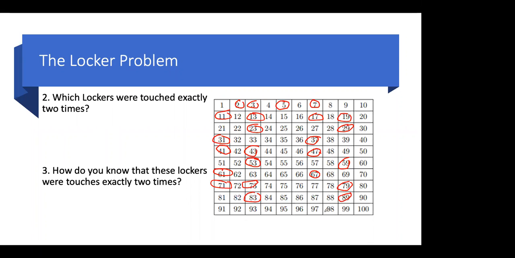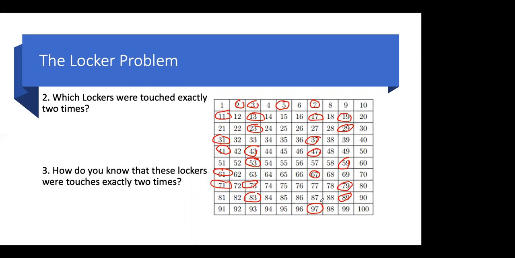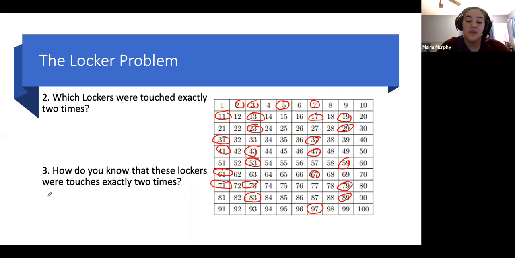And then 97. How many of you have some of these numbers memorized? I mean, I kind of just listed them off. Yeah, good job. So we know that these are touched only 2 times because they are prime numbers, right?